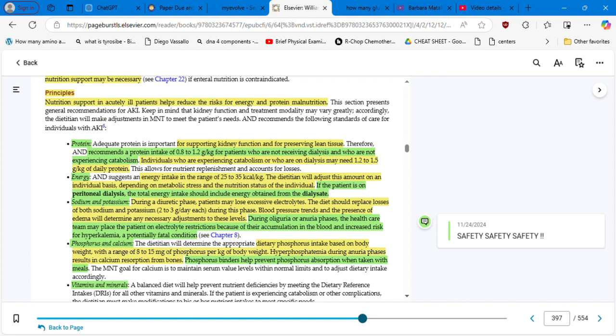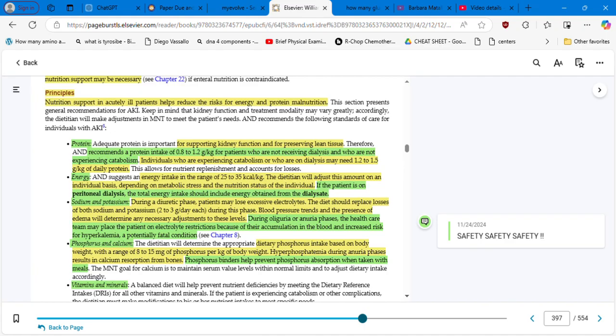Okay, so now we need to follow the following. Protein for supporting kidney function and for preserving lean tissue is important. Recommends a protein intake of 0.8 to 1.2 grams per kilogram for patients who are not receiving dialysis and who are not experiencing catabolism. That's extremely important.